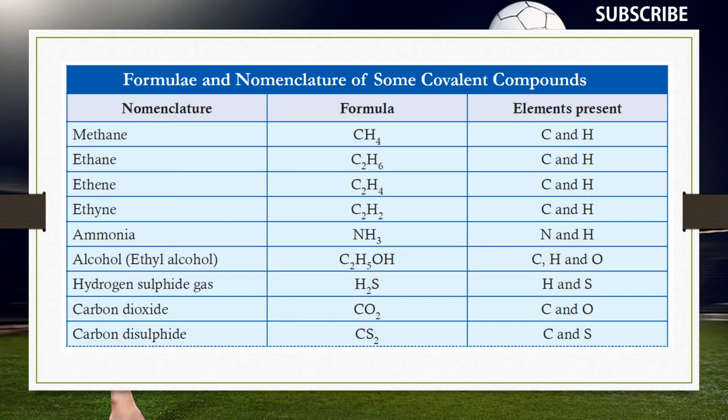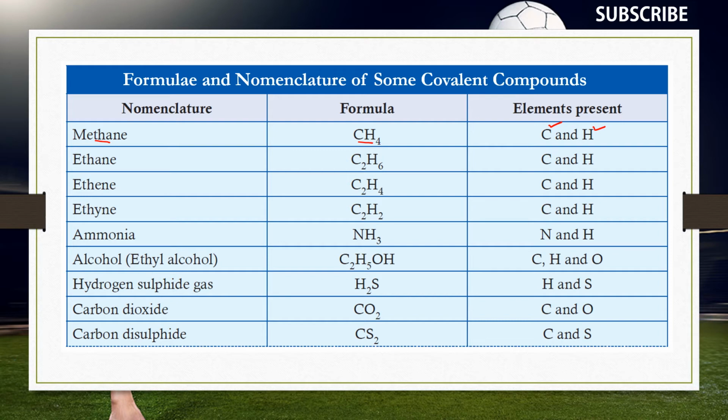So before we look at the process or the formation of covalent bonds, we need to first have some examples of the covalent compounds that we might encounter in our day-to-day chemistry. When you look at the first example, we have methane, CH4, and the elements present, we have carbon and hydrogen. Remember, carbon and hydrogen, these are nonmetals, although hydrogen has its own issues.